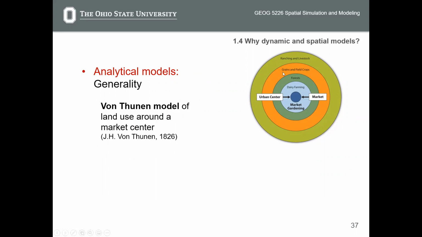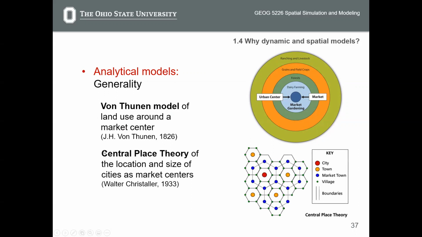We only have concentric circles, each one representing a specific land cover type or land use. So this is a general model that can be applied anywhere with a market center. Usually the surrounding land cover and land use types, whether they have been decided or not, will generally follow this model.